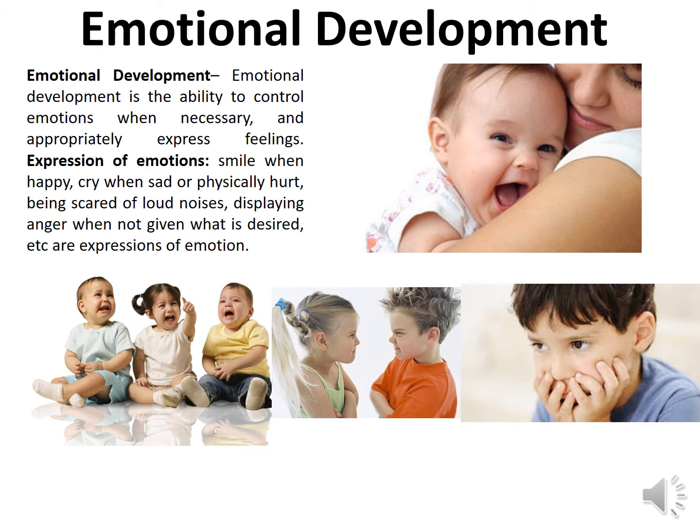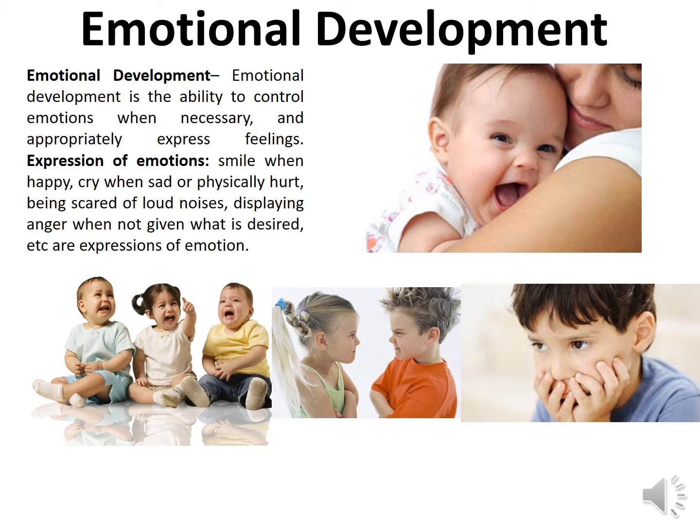Now the emotional development. Do you know what emotion means? Emotion is actually our expressions of behavior. And the development actually refers to the ability to control the emotion. Before that, the children must know how to react, how to respond in a proper given situation.